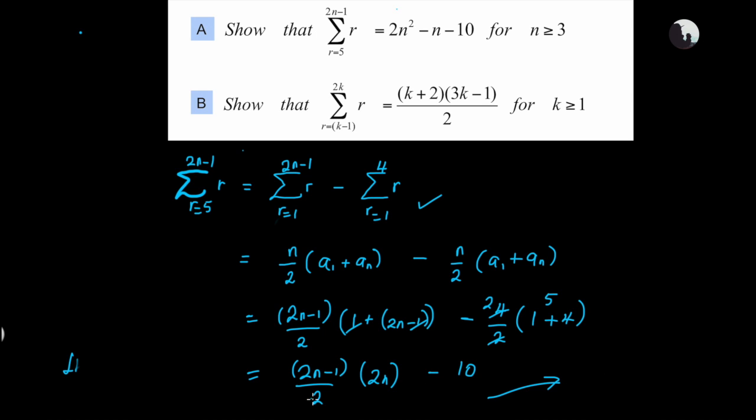This one here, basically 2 with 2 here, I can simply cancel, so you're left with n. If you distribute this thing here, you are supposed to get 2n squared minus n minus 10. Then this will be your correct answer. You have to compare with these terms on the right hand side, which is 2n squared minus n minus 10.